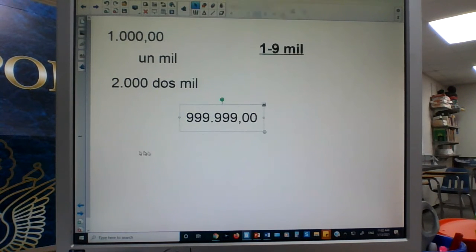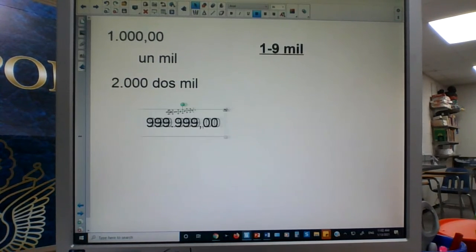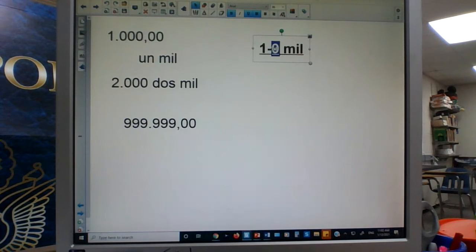Okay, so let's take a look here. Brain hurts, okay? But it's not as complicated as long as you know the pattern, okay? So actually I can change this to not just 1 to 9. I can go all the way to 900. That's the key: mil means 1,000.